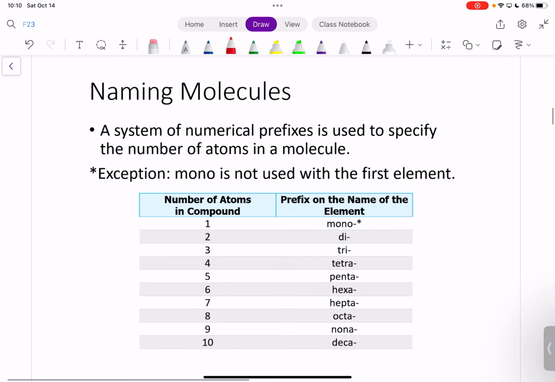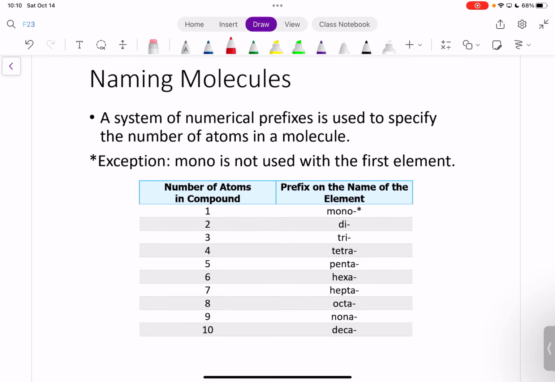So how do we do this? We have to specify the number of atoms that are in molecules. There's an exception, of course, as there always is in chemistry. Mono, the prefix for 1, is only used for elements that are not the first element. So again, my favorite example, CO2. We don't call that monocarbon dioxide.